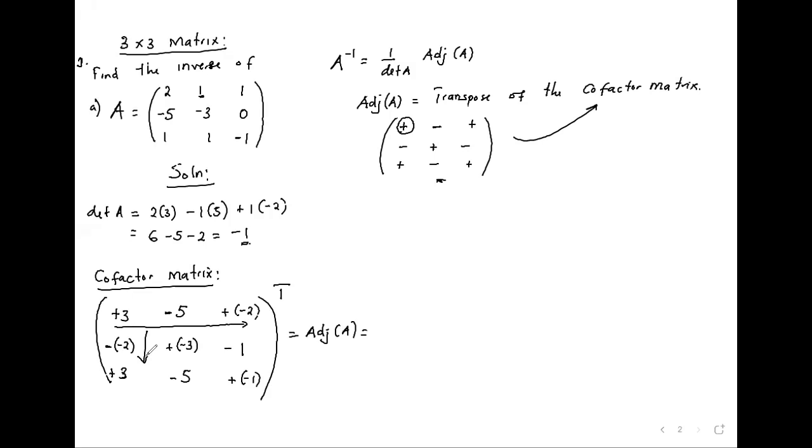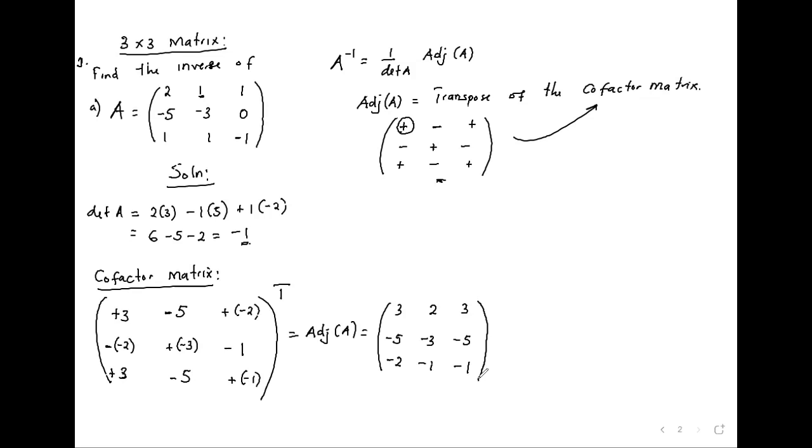So the first row becomes the first column: 3, -5, -2. And then 2, -3, -1. And then 3, -5, -1. Like that. So this is the adjoint.